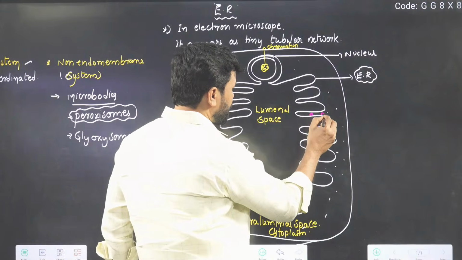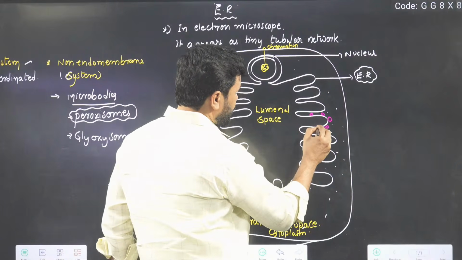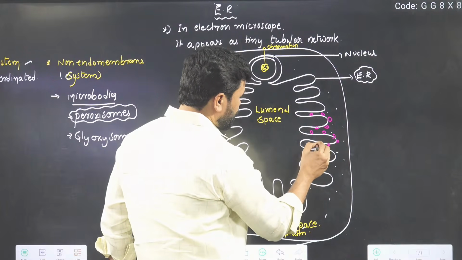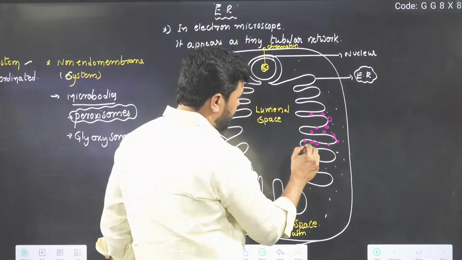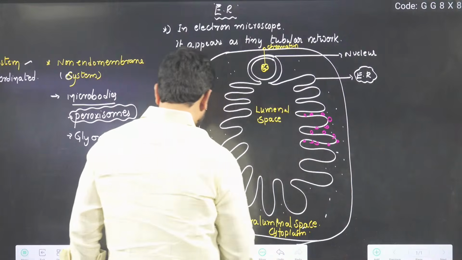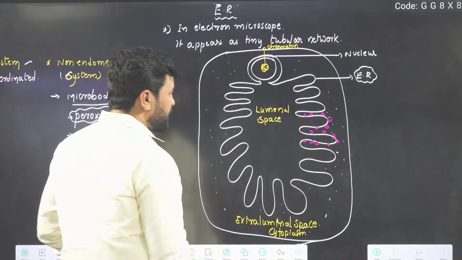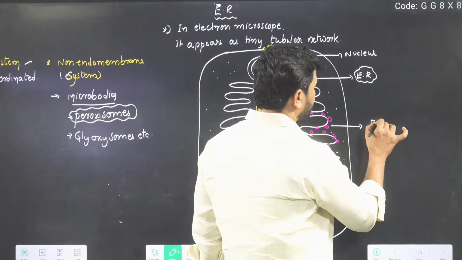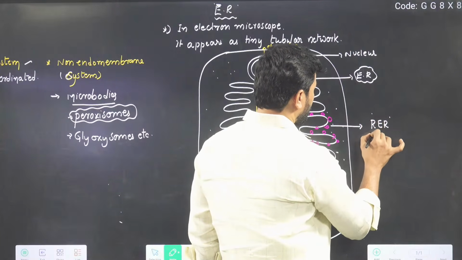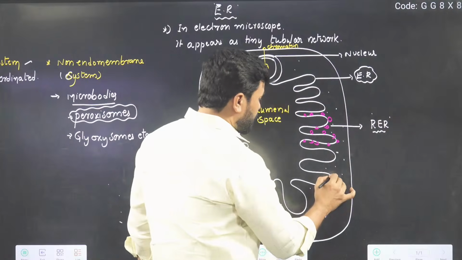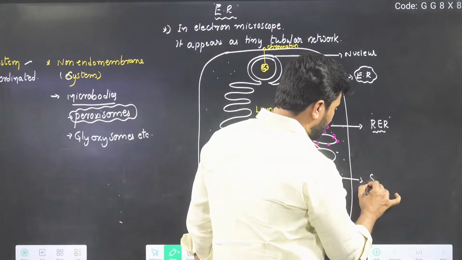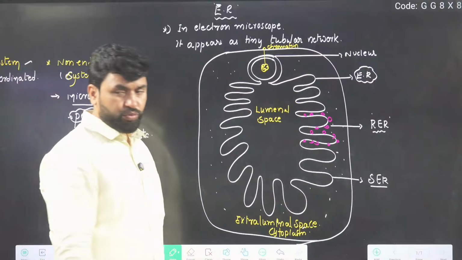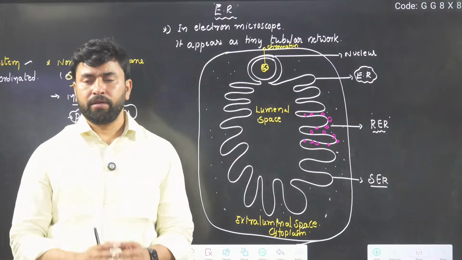In some places you will see there will be the presence of ribosomes on the top of the endoplasmic reticulum. The ribosome-present area is commonly denoted as rough endoplasmic reticulum, RER. If the place has no ribosomes, we will call it SER, smooth endoplasmic reticulum.